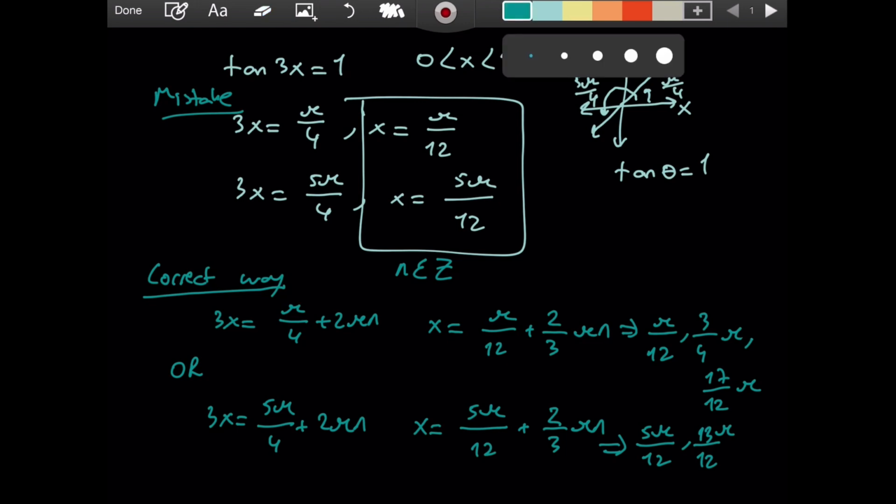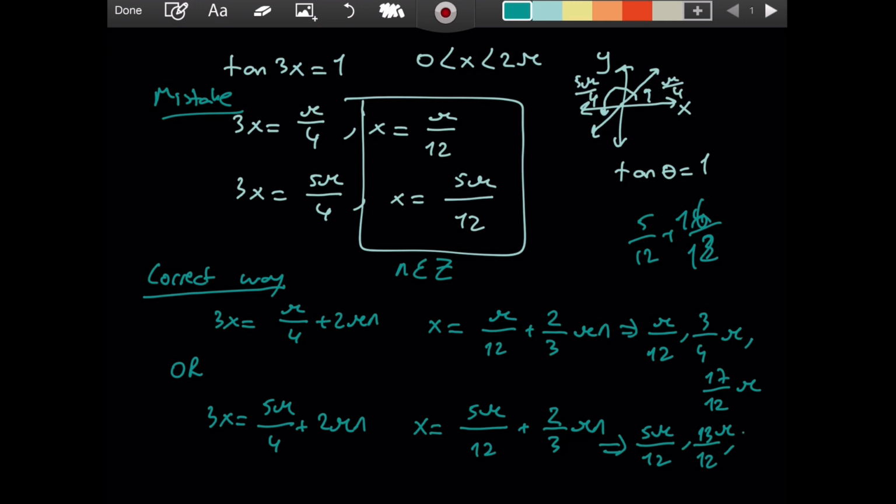Now if I substitute 2 for n, I would have 5 over 12 plus 4 over 3, that is multiplied by 4, so 12, 16, 21 over 12 pi. And if you substitute 3 now for n, that exceeds the domain.